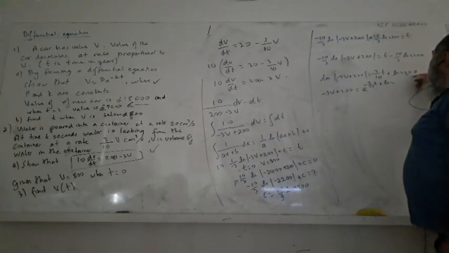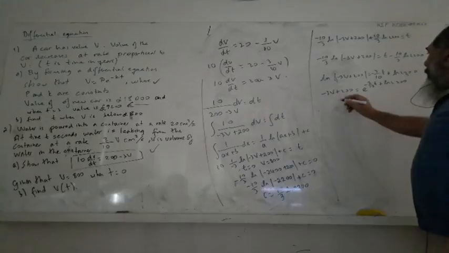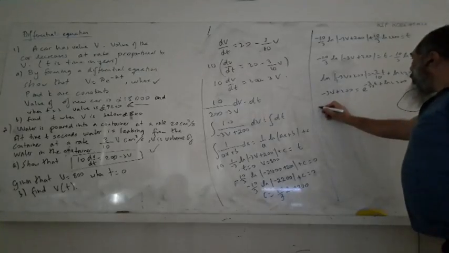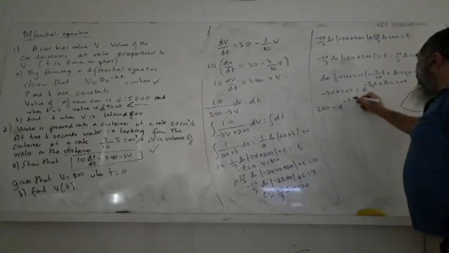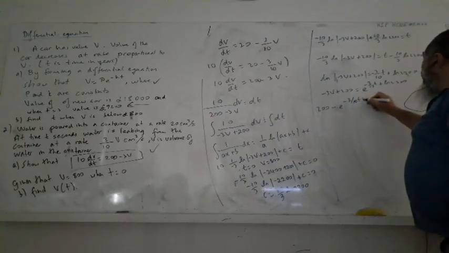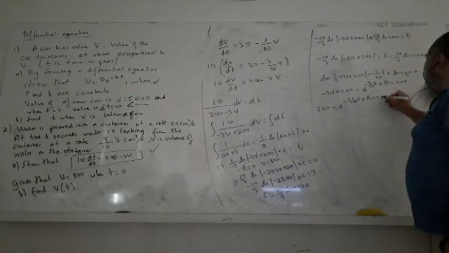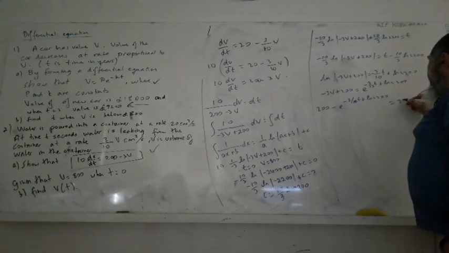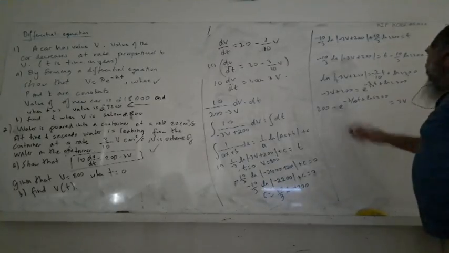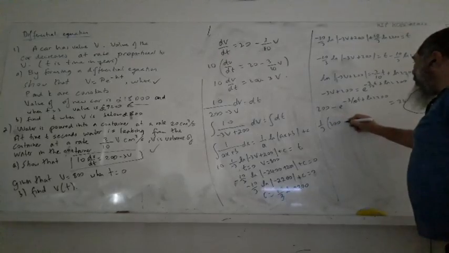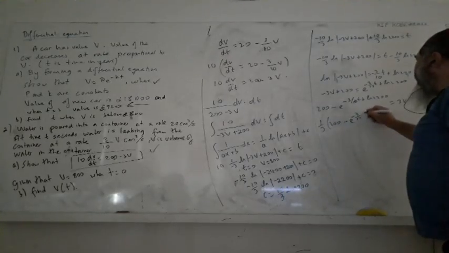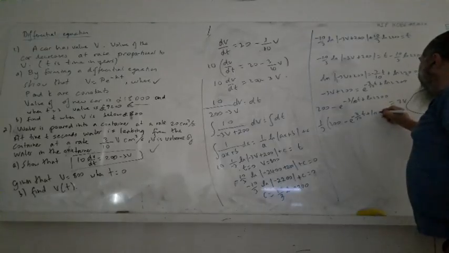So 200 minus e to the power of minus 3 over 10 t plus ln 2200 is equal to 3V. So 1 over 3 times 200 minus e to the power of minus 3 over 10 t plus ln 2200 is equal to V.